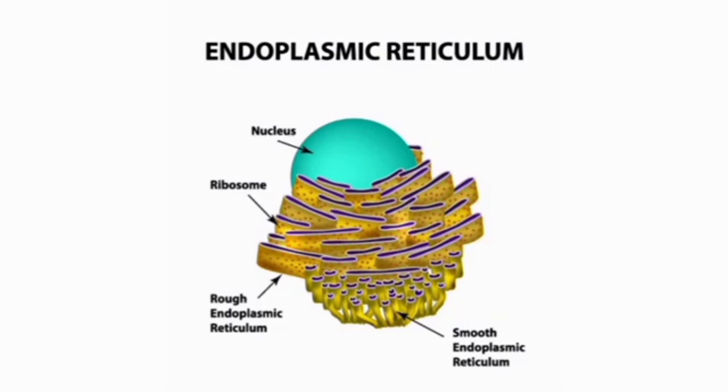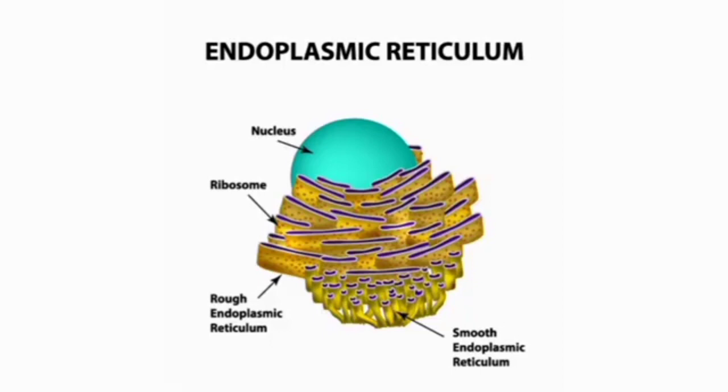Now, the functions of endoplasmic reticulum. Ribosomes present in all active cells act as sites for protein synthesis. Fat and lipid molecules manufactured by smooth endoplasmic reticulum help in building cell membranes. This process is called membrane biogenesis.